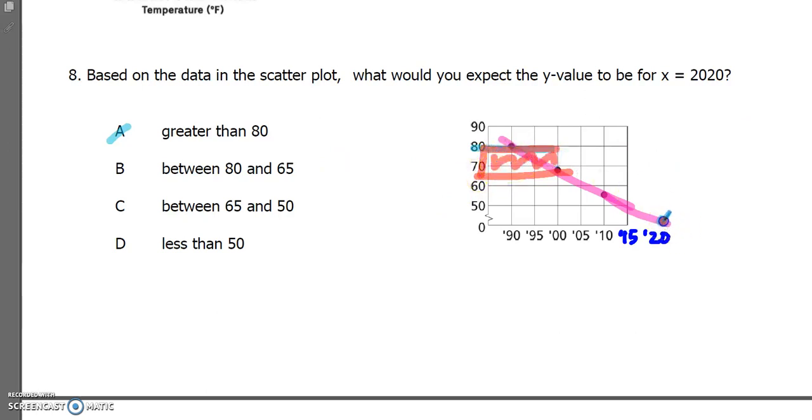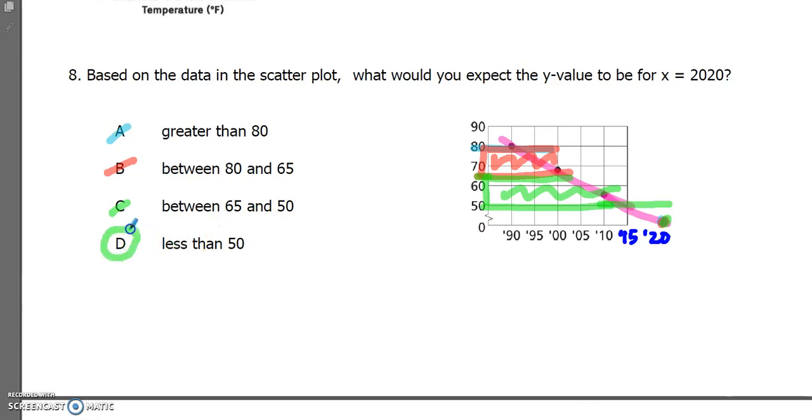Again, this point way down here is not up there. The next one would be between 65 and 50. So that means in this general area, somewhere in here. Again, this point, not in that area. So then it says less than 50. Well, obviously it has to be less than 50.